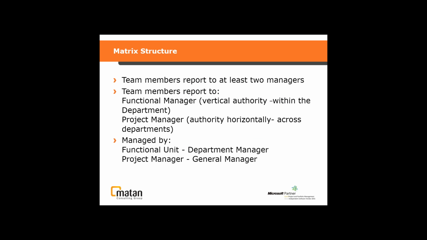When we talk about a matrix structure, a person generally reports to two, sometimes many more people, because one person can be involved in 5 or 6 different projects. Then you have this team member reporting both to a functional manager and to various project managers within that organization.